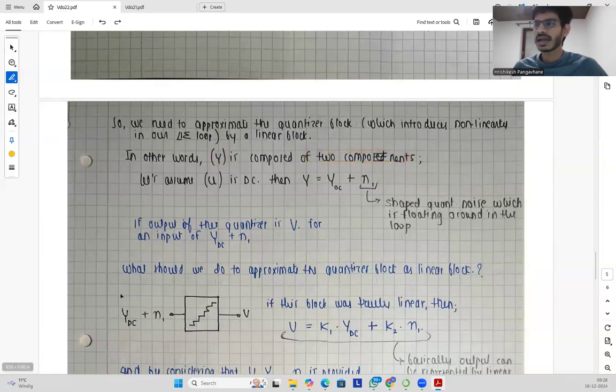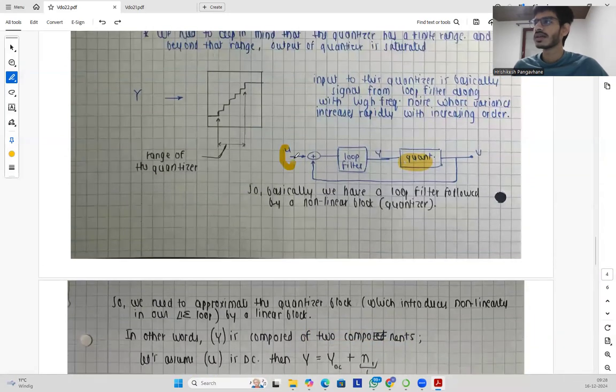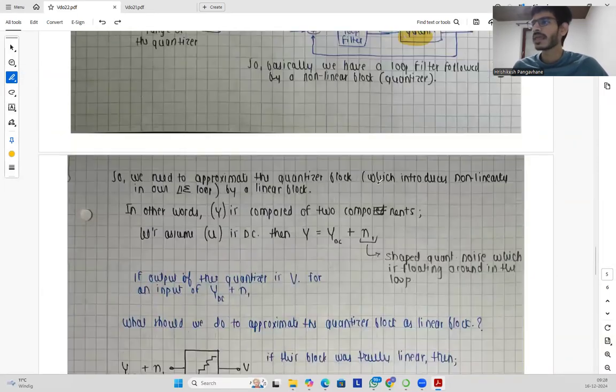Let's say, as of now, that this U is DC. So this input to the quantizer will have a DC component, and it will also have a non-linear component from the quantizer. So this input is composed of basically two components.